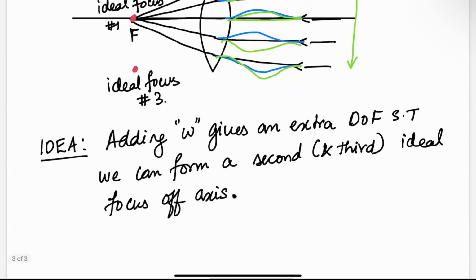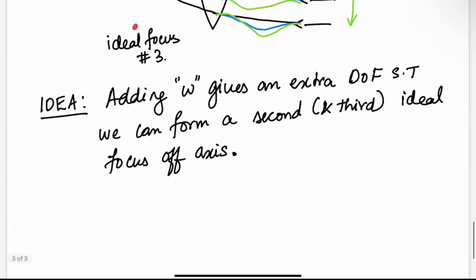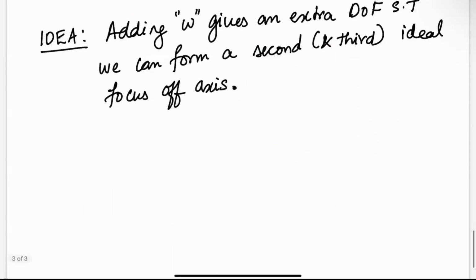Okay. Let's go ahead and see how to do that. So I'll actually go to the next page. And let's get into the lens design. Okay, so there are some papers on this already.